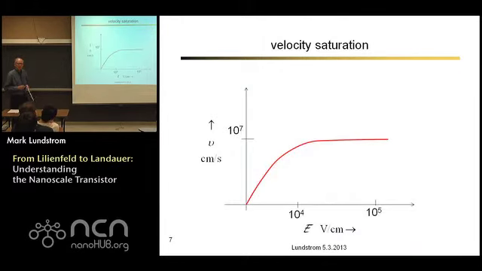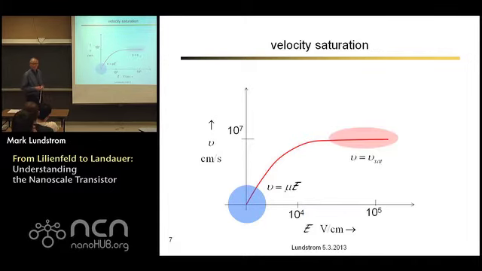Okay, now if we apply a large voltage, we have to be a little more careful, because what we've been doing at low voltage is we say the velocity is proportional to the electric field. That works as long as the electric field is not too big. So one of the things we learn at the beginning of a course like this in semiconductor physics is that if you apply a very large electric field, the carriers get a lot of energy, they scatter a lot, and you just can't push them to go any faster.